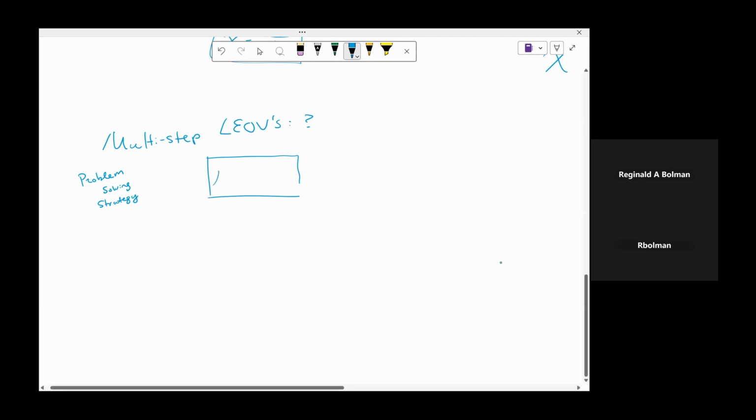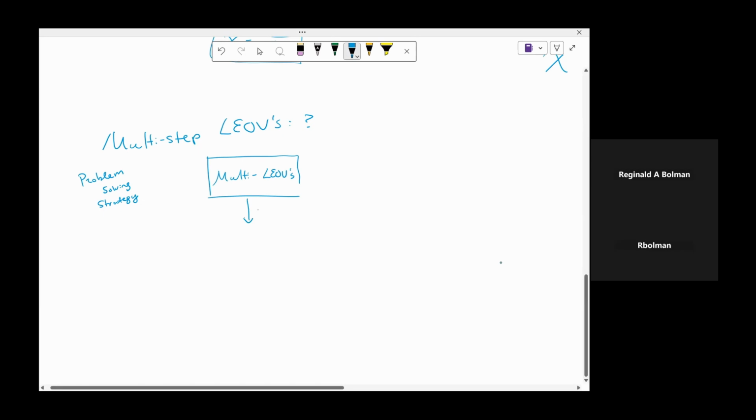And that is, you're going to start with whatever equation you happen to be given. So if you're given a multi-step LEOV, you've got to start with that multi-step LEOV. And it's going to look complicated. It's going to be more complicated than what we've been dealing with.